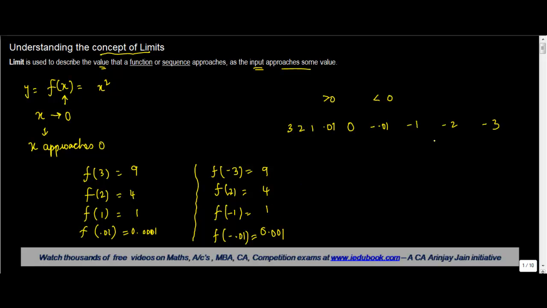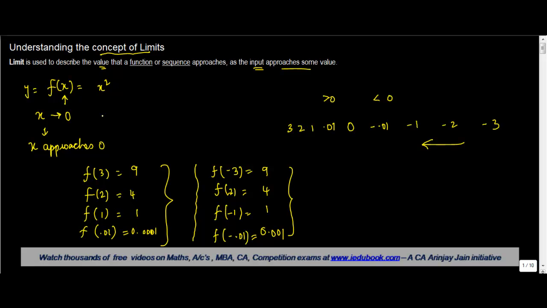Again, what do we note here? As the numbers move from negative to 0, the value comes closer to 0. Similarly, as the value of x decreases from 3 to 0, the value of the function also becomes closer to 0, right?